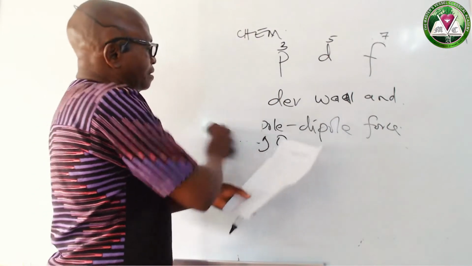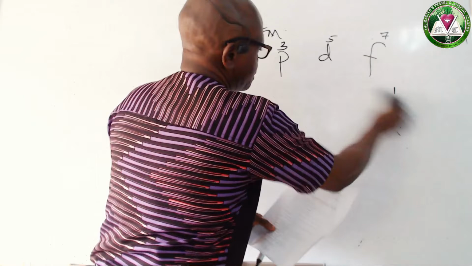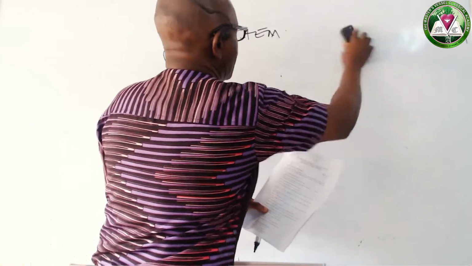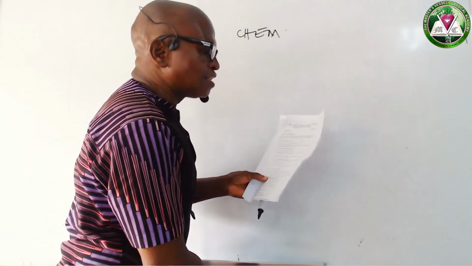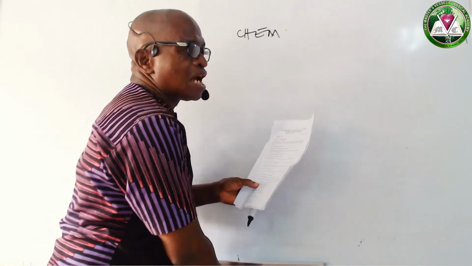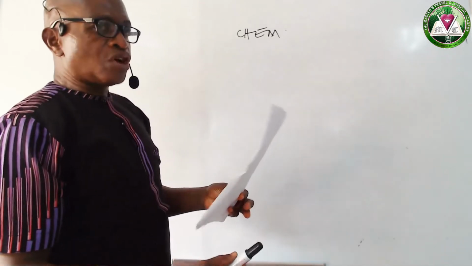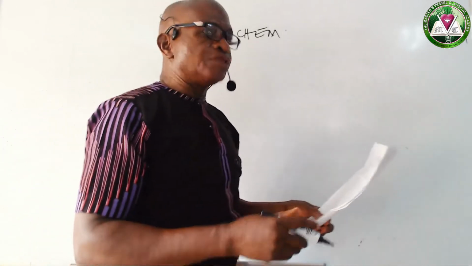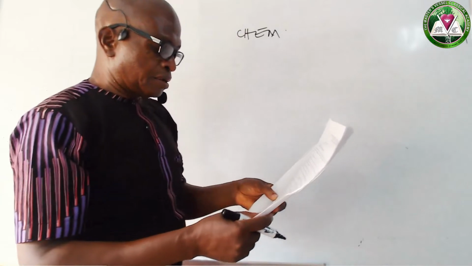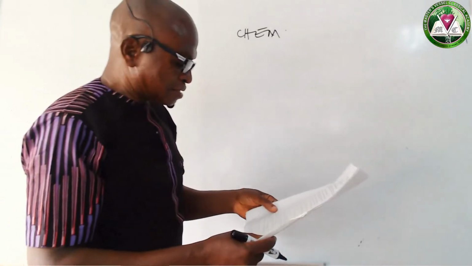Then I want to believe that you are clear about it. I said that magnesium oxide is an ionic compound, hence it has high melting point. Because it has high melting point, it means that it's heat resistant. Hence you use it to line the inner surface of a furnace.